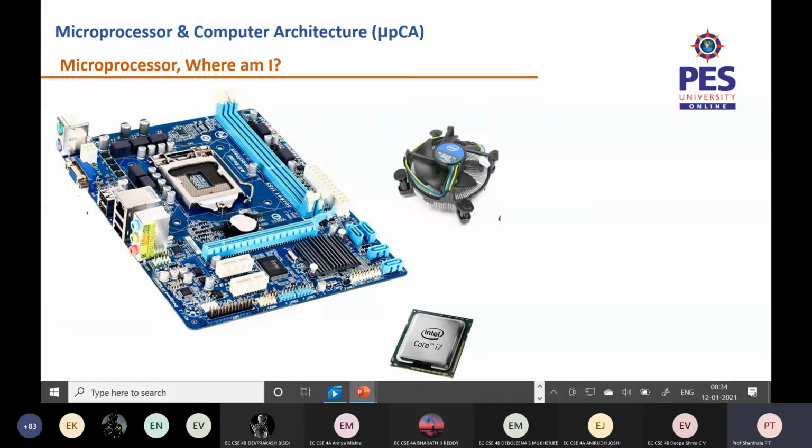If you open the computer, on the motherboard, if you remove the fan, you can see the microprocessor. So the processor will be below the fan. Why? Whenever it is executing, it dissipates a lot of heat. To cool that, the fan is mounted on the processor.